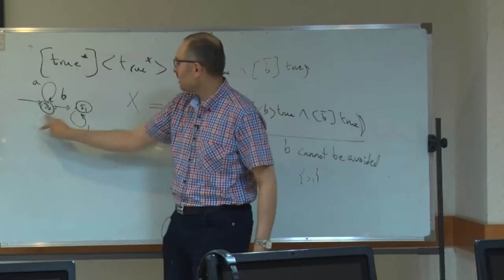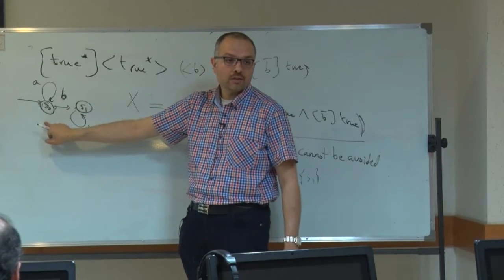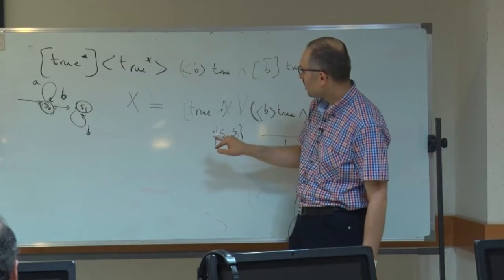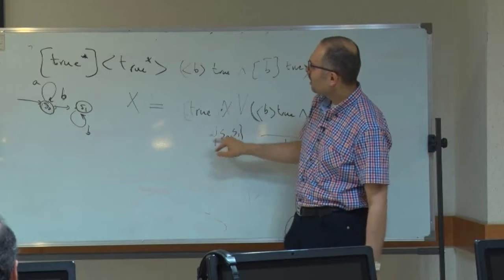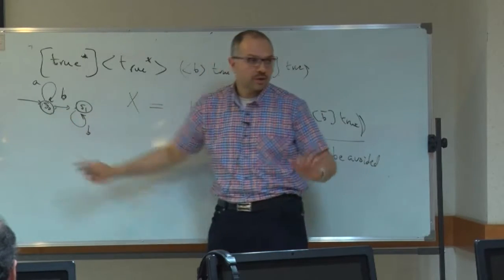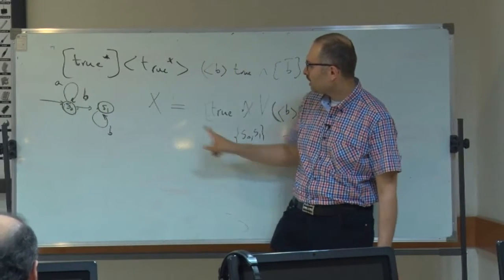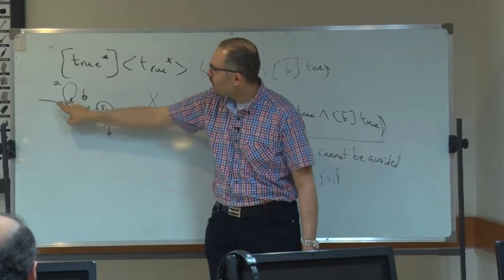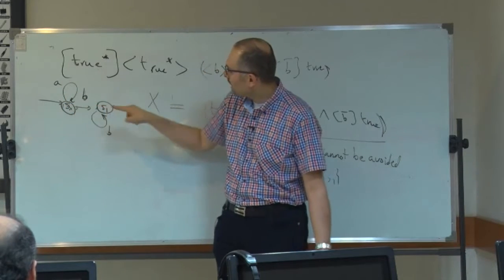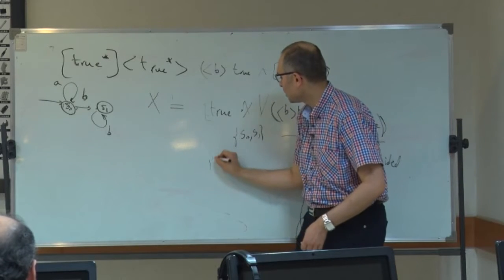S0 does not satisfy the first part because you can do an A and you stay here, right? If you do an A, you stay in S0. That's okay. If you do a B, you stay in S1. So S0 satisfies this. I'm sorry. Right? No matter what you do, you should end up in S0 and S1. If you're here, if you do an A, you end up in S0, which is okay. If you do a B, you end up in S1, which is also okay. So S0 is in this set.